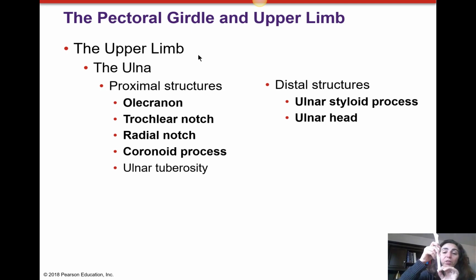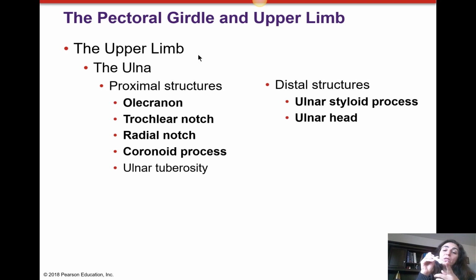So this is the ulnar head, this end, and if you look, you have one tiny process here coming out to one side, and that is a styloid process, the ulnar styloid process. You have to mention ulnar to emphasize that it is the ulnar bone, right? So this is the ulnar styloid process, and the whole bone is always located on the medial side.